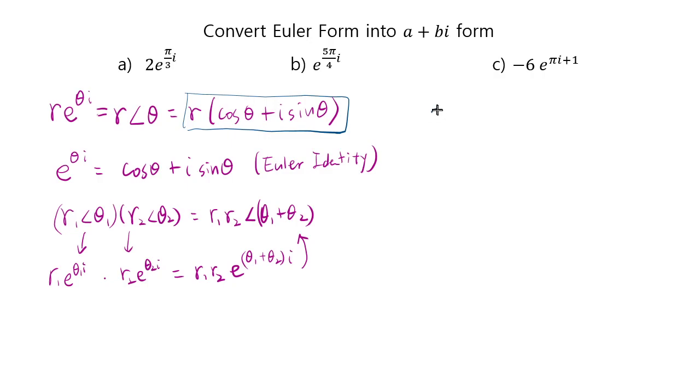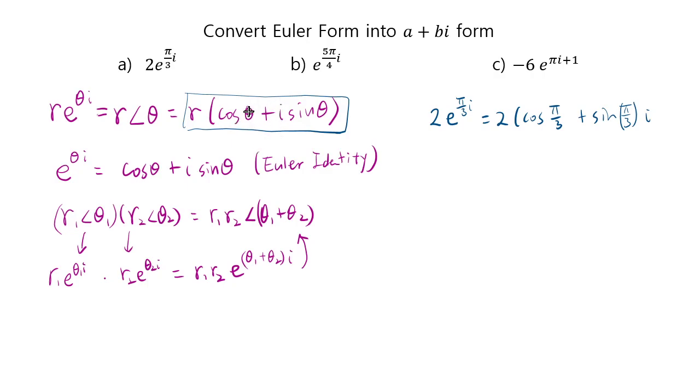Okay, so you have 2 times e to the pi over 3 I. You just say that's equal to 2 times cosine pi over 3 plus sine pi over 3 I. It's important that you don't put the I inside the sine or cosine. The identity is that it only appears once right here.